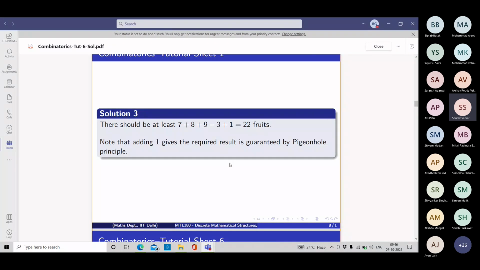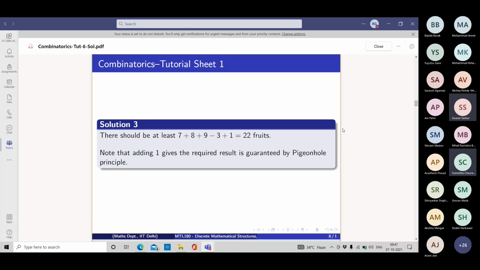Kavita, please share this. Yes, I have shared the screen. We can discuss it. She is saying tutorial 6. Yeah, this question only.